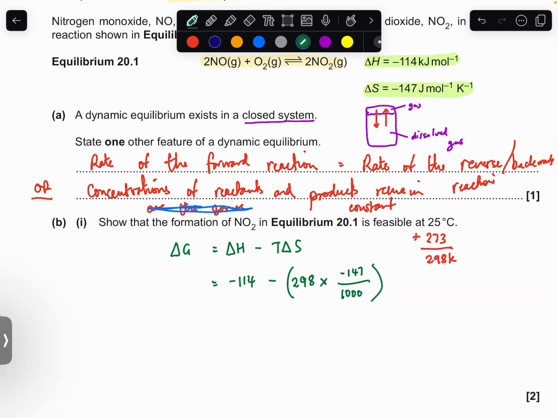This is a point that catches students out, the conversions. It's because of this over here. Need to convert to kilojoules.